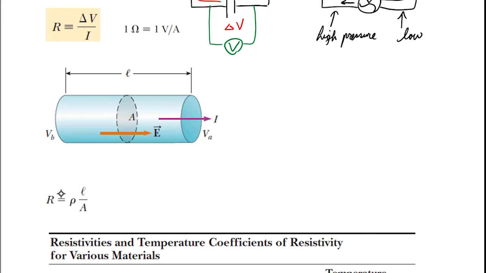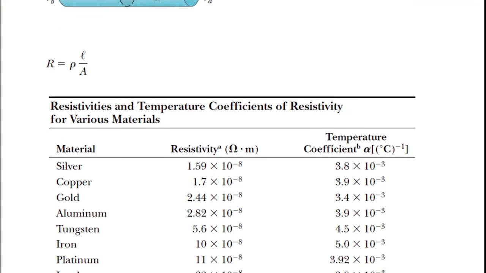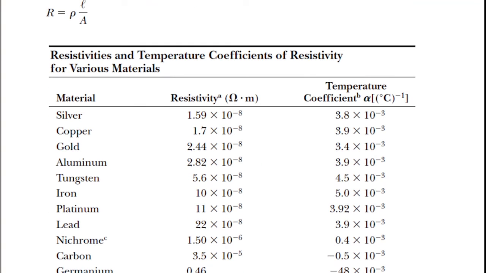Current is more difficult to pass through if it's longer, whatever the material is, but if it's a bigger cross section, it's easier. And this constant is known as resistivity.